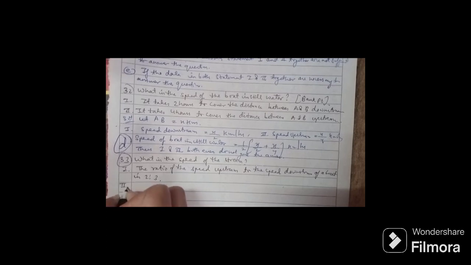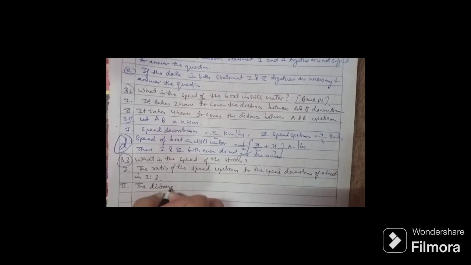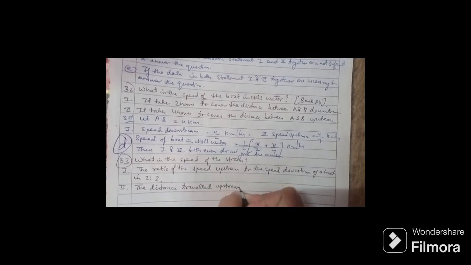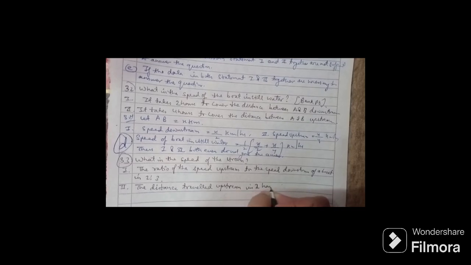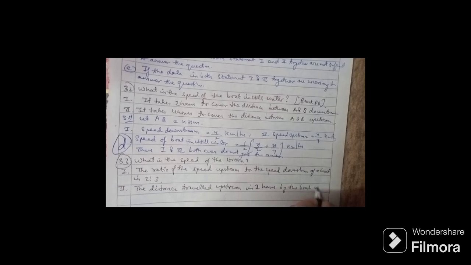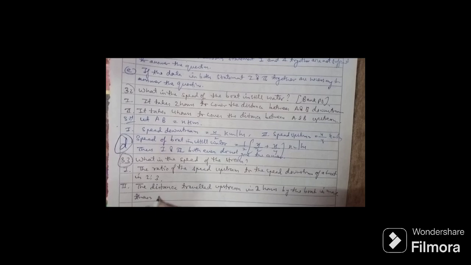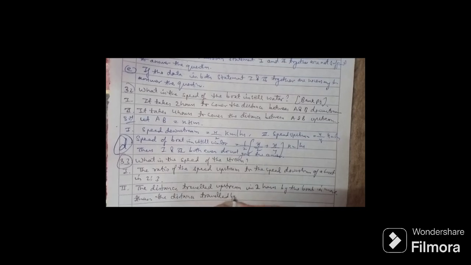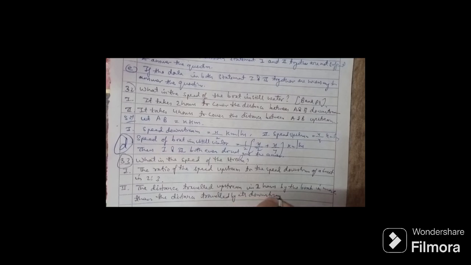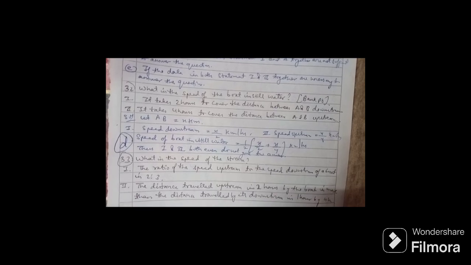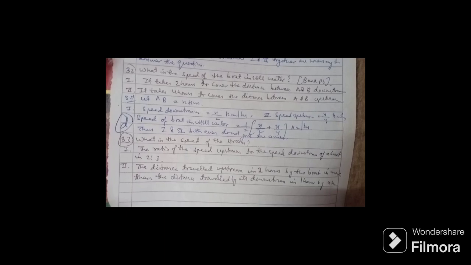Second: the distance traveled upstream in 2 hours by the boat is more than the distance traveled by it downstream in 1 hour by 4 kilometers. Let's go for the solutions here.